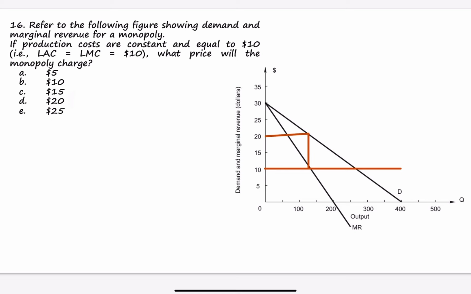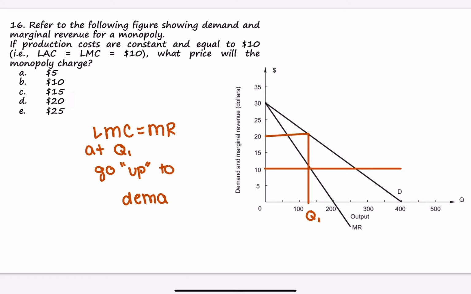And we see that our long run marginal cost equals marginal revenue at Q1. And then go up to your demand curve to find P. And we find P is at 20, so our answer is D.